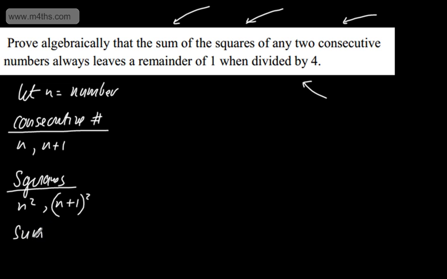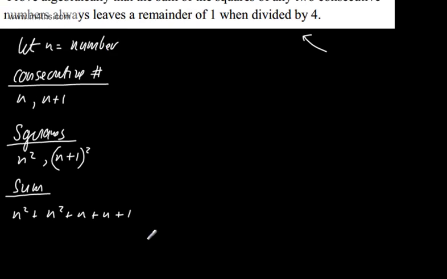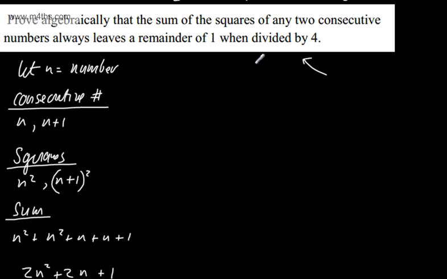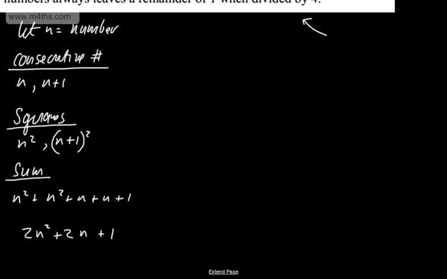If we sum the squares, we can see that we're going to have n² plus, expanding the bracket, n² + 2n + 1. If we now consider tidying this up, we can say that this is going to be 2n² + 2n + 1. So we want to show that when this is divided by 4, there is a remainder of 1.